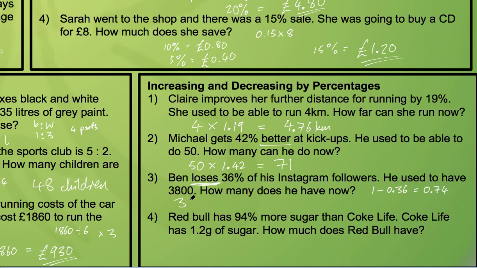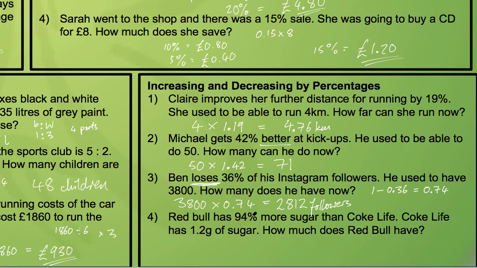So I multiply 3,800 by 0.64 to reduce it by 36%. That gives me 2,432. If you did it by the step-by-step method and you got the same answer, then you're doing the right thing. So 2,432 followers.